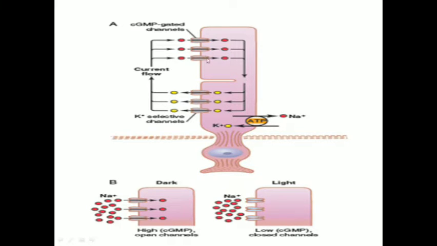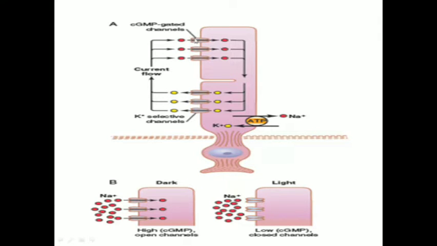However, in the outer segment, in the dark state, the membrane is leaky to the sodium ion that flows through cyclic GMP gated channels. These are the cyclic GMP gated channels.